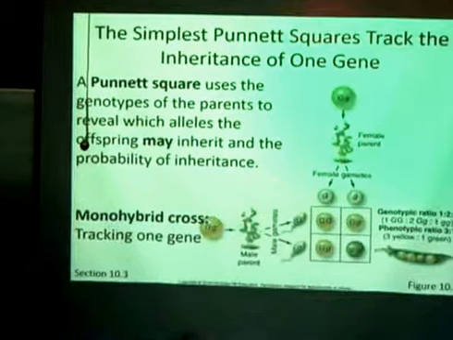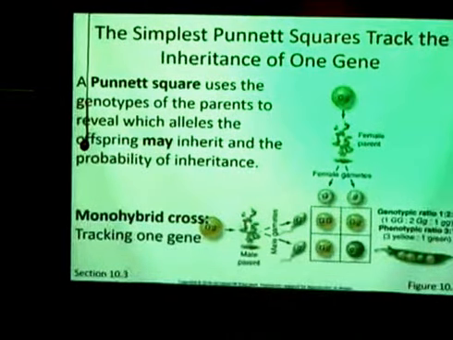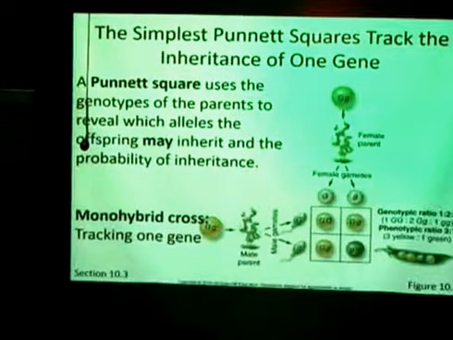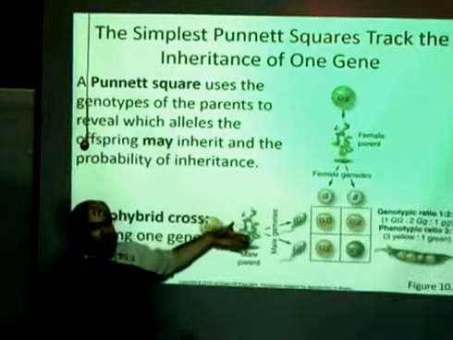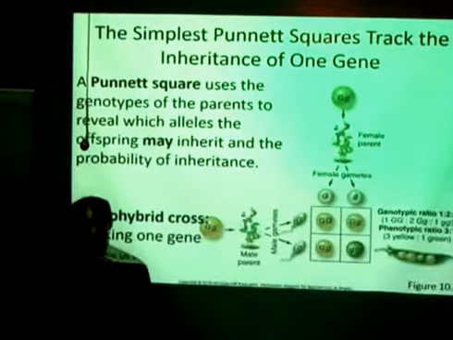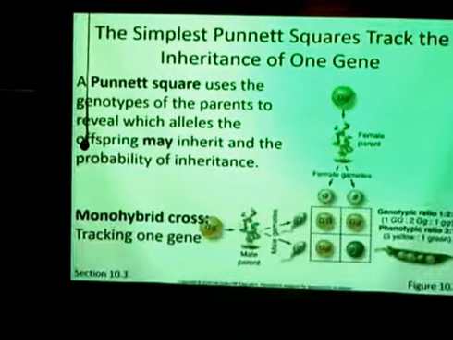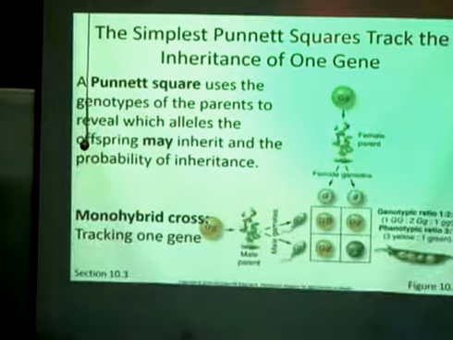Mendel said, in the P generation, this is what the case is, in the F1 generation, this is what the case is, and in the F2 generation, this is what the case is. But Punnett said, let's make a more systematic way of seeing what's happening, because for people who don't understand genetics, this is the better way of making them understand.